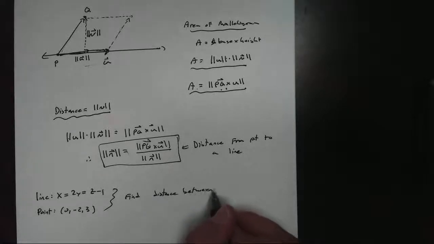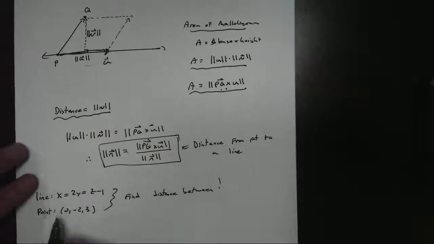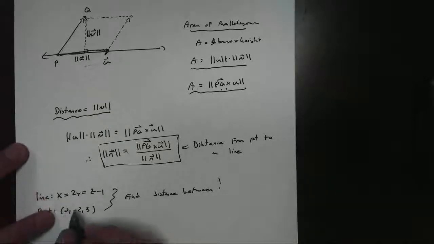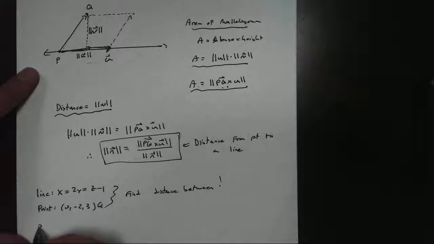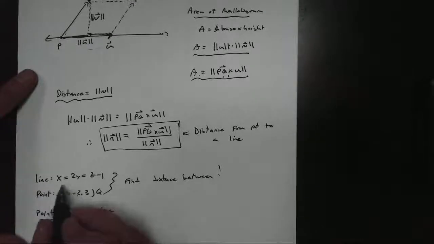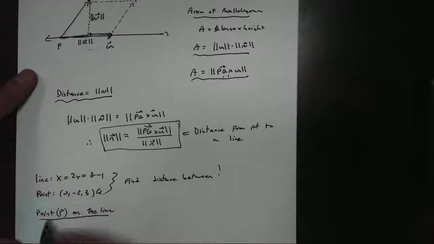To do this, first things first, I'll call the point not on the line Q. I now need a point P on the line. I can do this by letting each of these equal t. For example, x equals t, 2y equals t, z minus 1 equals t.